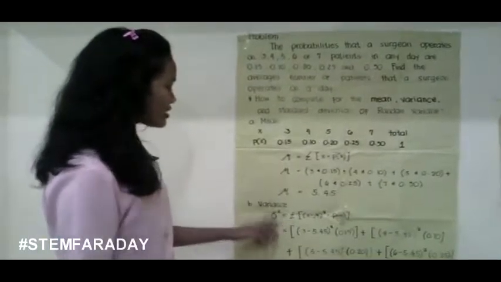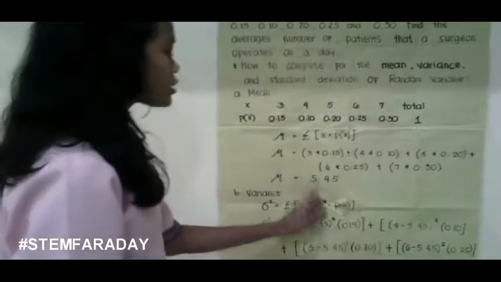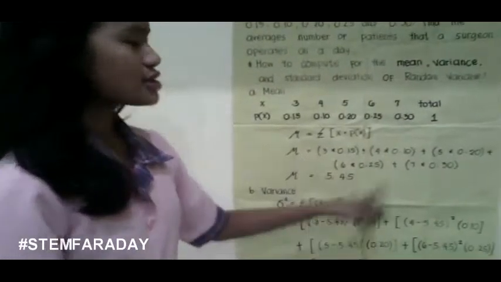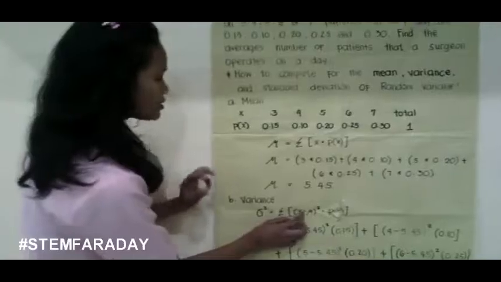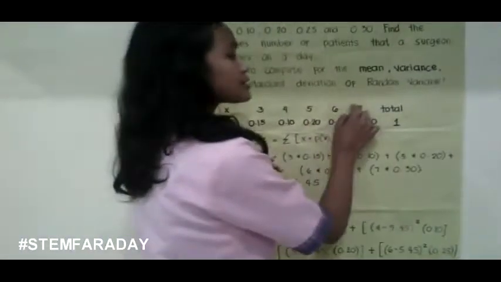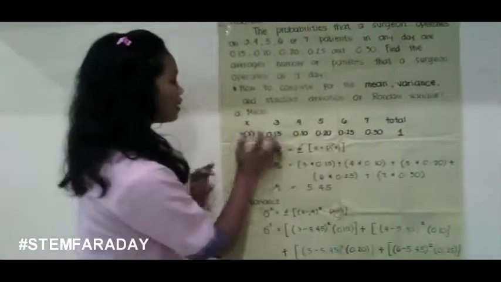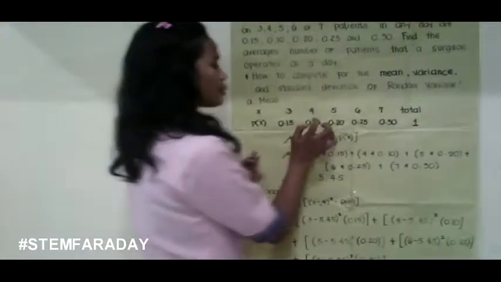So getting the variance, this is the formula. Sigma squared equals the summation of x minus mean squared times p of x. So the values of x are 3, 4, 5, 6, and 7. Then the mean is 5.45. Then the values of p of x are 0.15, 0.10, and so on.